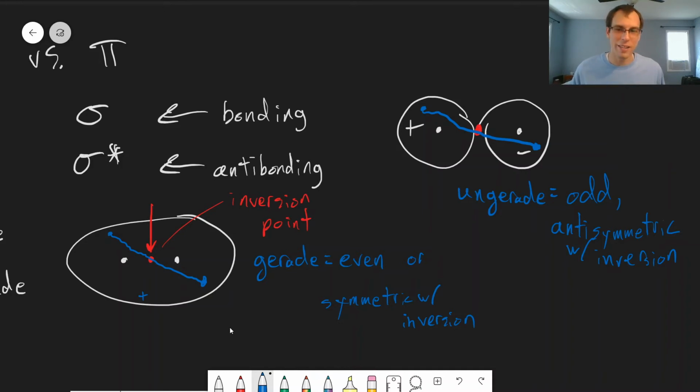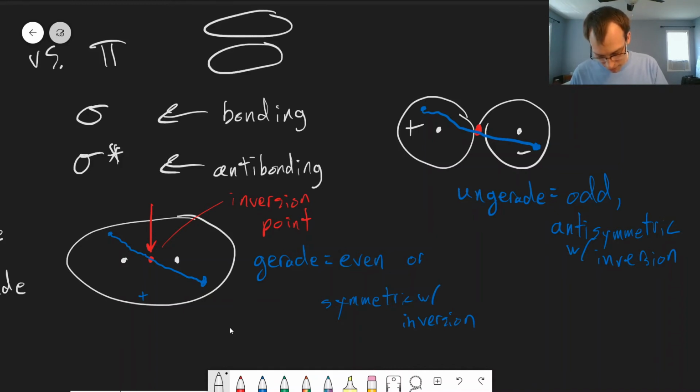I want you to pause and think about pi orbitals, and is a pi bonding orbital gerade or ungerade, and same thing for a pi antibonding orbital. So hopefully you had a chance to maybe draw it out, think about it, but a pi orbital is opposite of the sigma, right? So a pi orbital looks something like this for a bonding orbital. And so if we, again, go about this inversion point, we go from positive to negative.